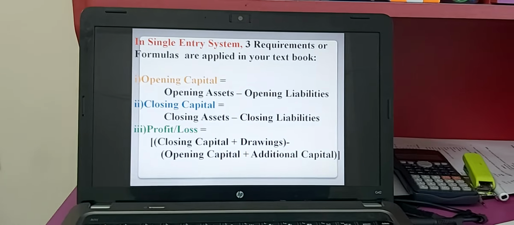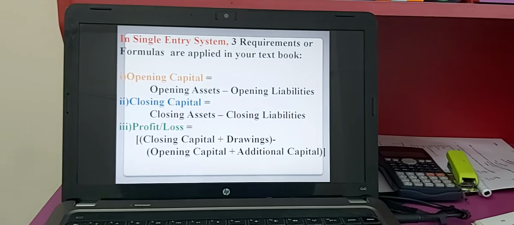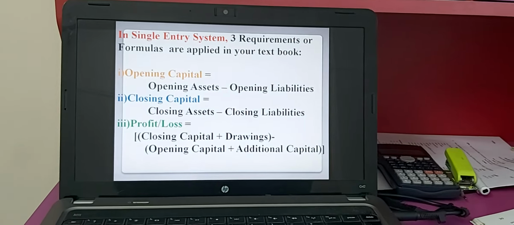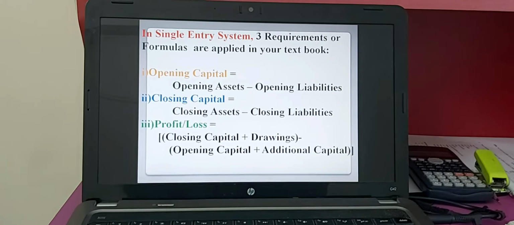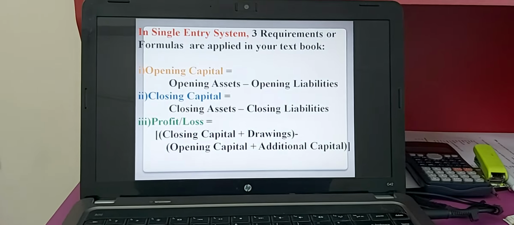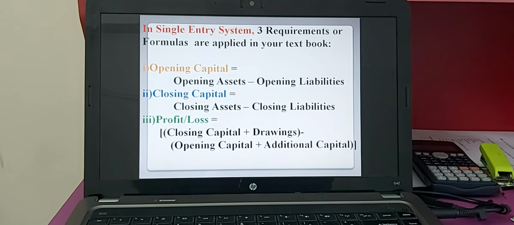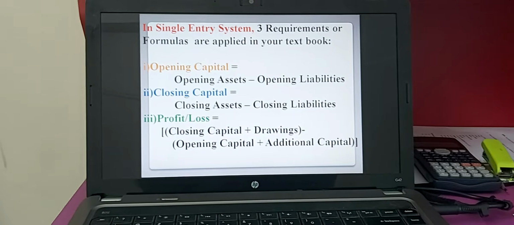This is very important for single entry system. Only three items, or three requirements, or three formulas are available in single entry system. You're seeing on the screen, three requirements or formulas are applied in your textbook.